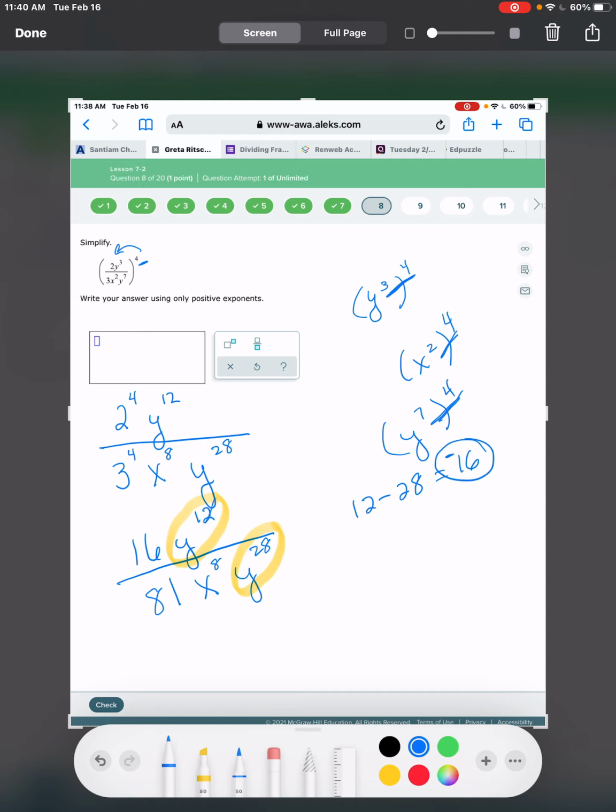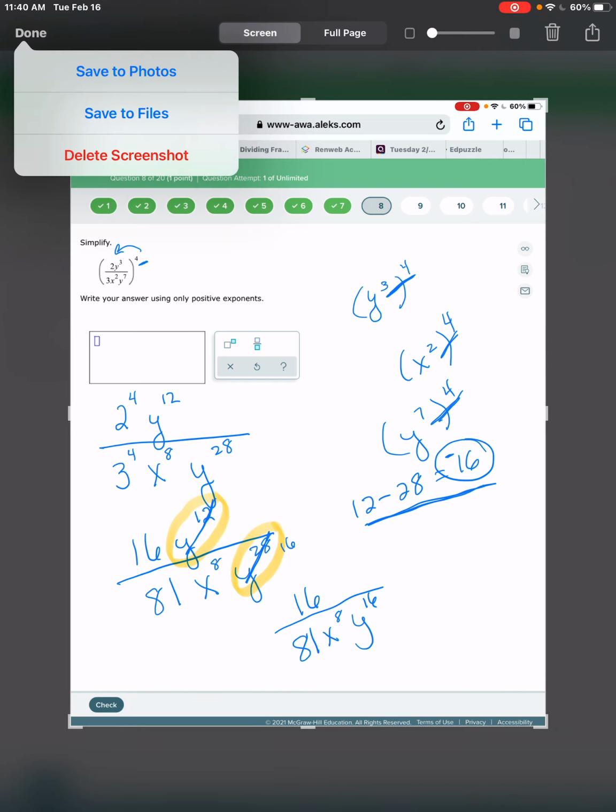So all 12 cancel out up top, and 12 of them cancel in the bottom, leaving behind a 16. Or you could do this math and know that the negative number means they are on the bottom. So I have 16 on the top, and then 81, x to the 8th, y to the 16th.